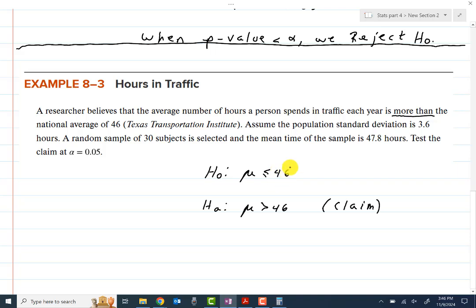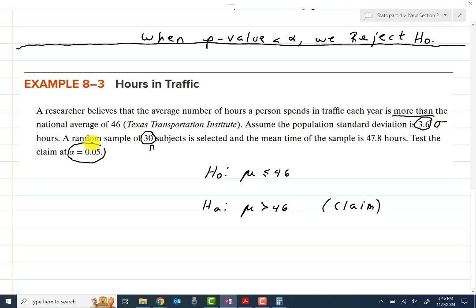So let's see what we have in our sample. We are assuming the population standard deviation is 3.6, so there's our sigma. A random sample of 30 subjects, so there is our n. They list alpha for us, so we know the significance level.